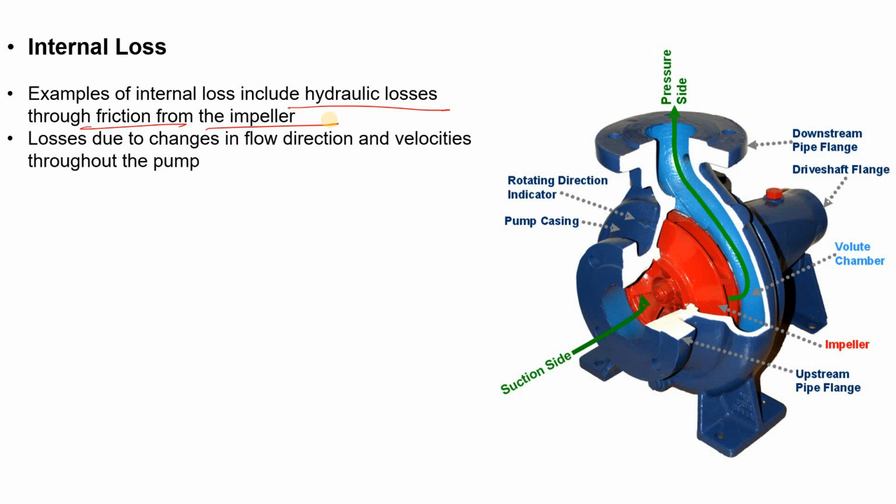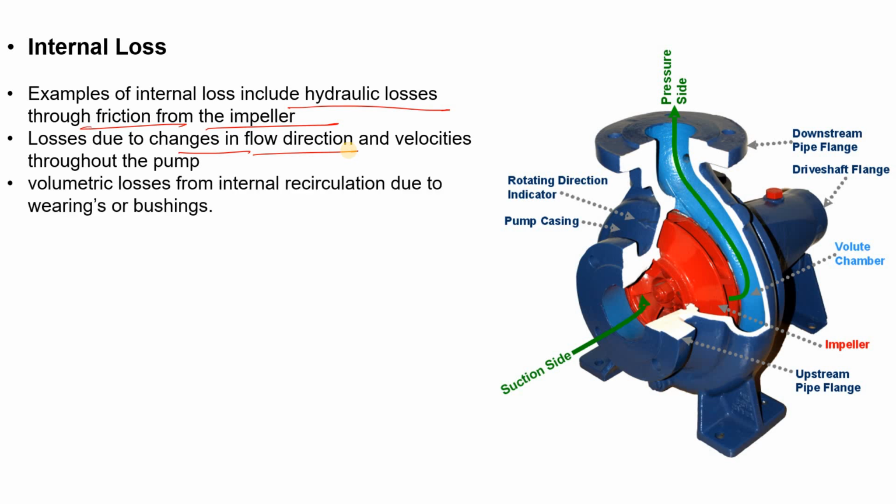The second loss is the loss due to changes in flow direction. Obviously in a pump the flow direction changes, and the velocity also changes, so that will also be one loss, because when you change the direction, obviously there will be some loss, which we have already studied in fluid mechanics. The third loss is volumetric loss. Volumetric loss means your flow loss from internal recirculation, due to wearing rings and bushings.